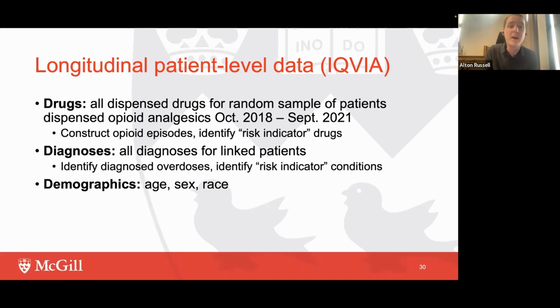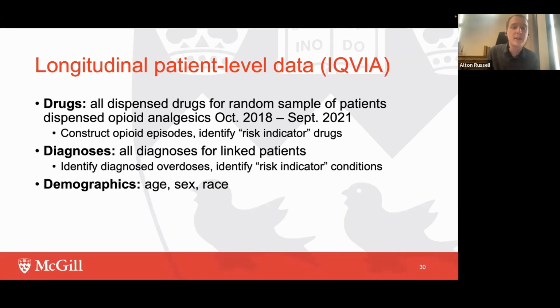But anyway, we've got data from many payers on all of the drugs dispensed to the patients who received opioids. The cohort's defined by having been dispensed opioid analgesics. And we use the drug data to construct opioid episodes and identify risk indicator drugs, because we wanted to look at targeting naloxone. So we wanted to look at not only opioids, but other drugs that people receiving opioids might have received that might indicate some risk of overdose.